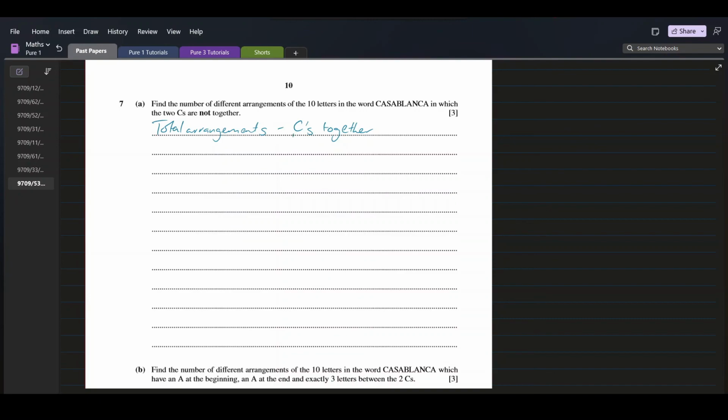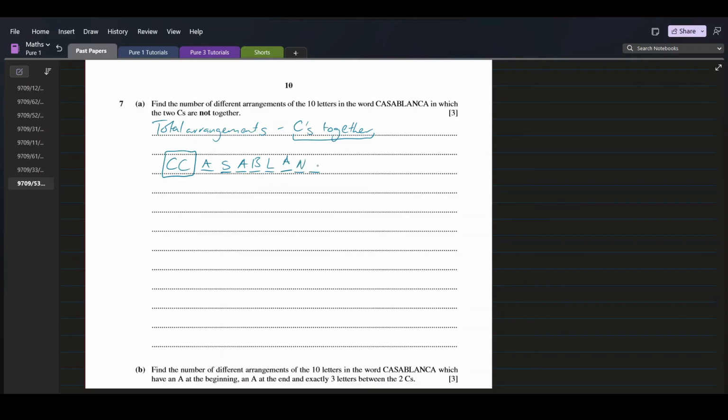So let's start by finding the arrangements in which the C's are together. So that's C and C together, and then we have an A, an S, another A, a B, an L, another A. How many A's are here?